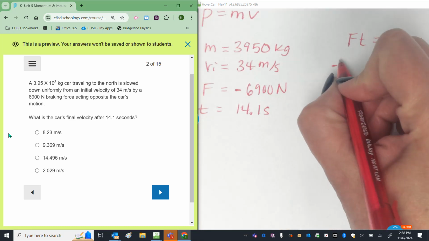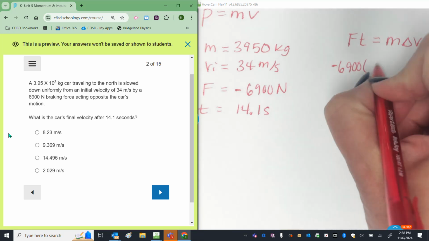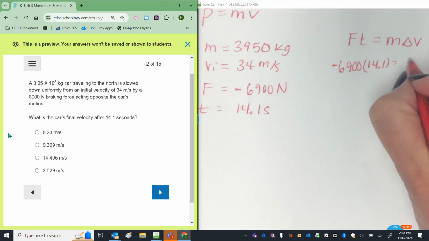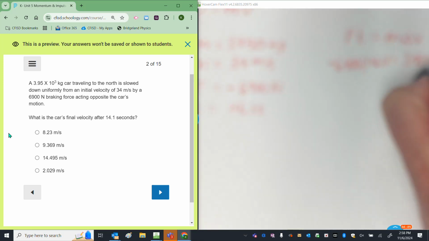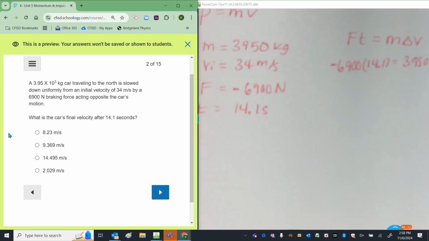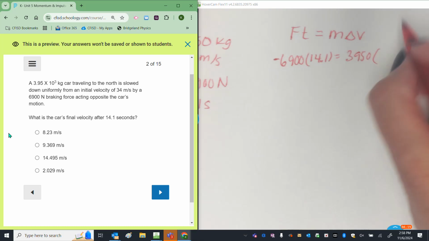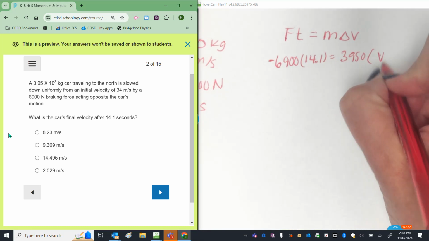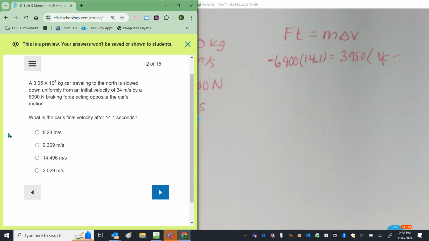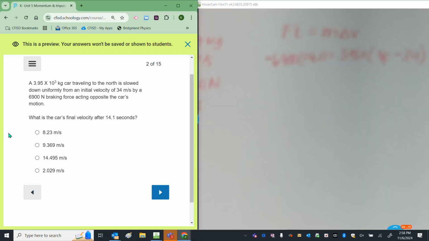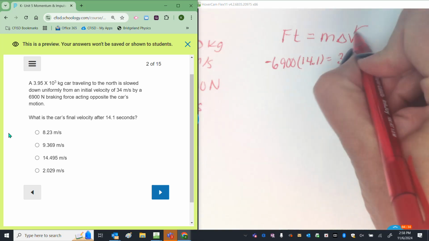I'm going to take my force, negative 6,900, multiply it by my time, 14.1, and set it equal to my mass, 3,950, times delta v. I can either solve for delta v and then figure out my final velocity after that, or I know that delta v, change in velocity, is VF minus VI. And VI was 34 in this question, so I can put VF minus 34 in instead, because again, that's what delta v is.